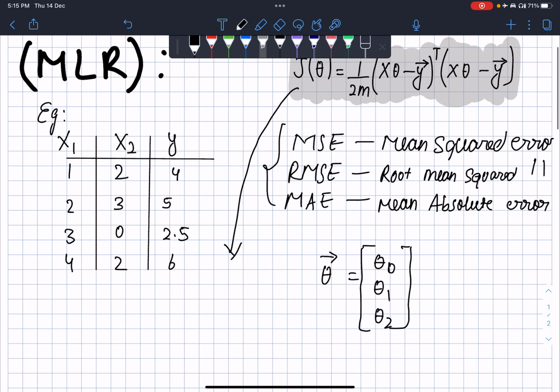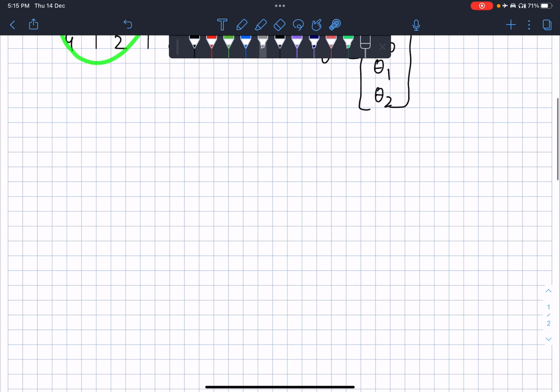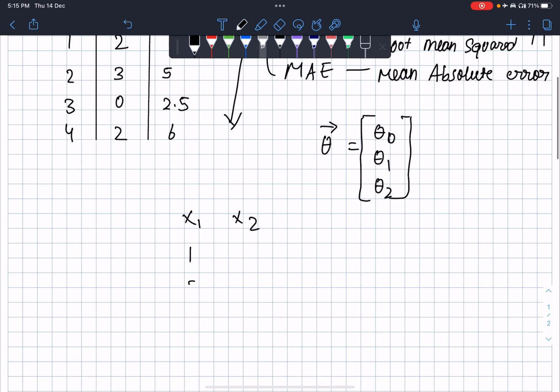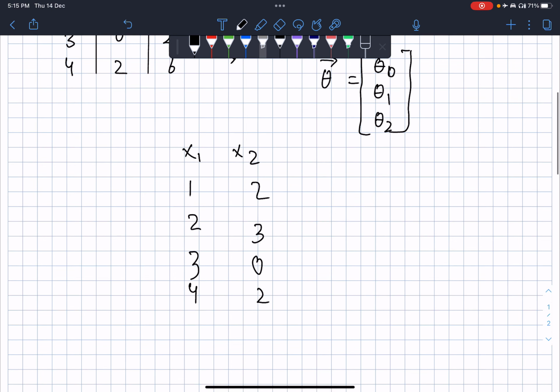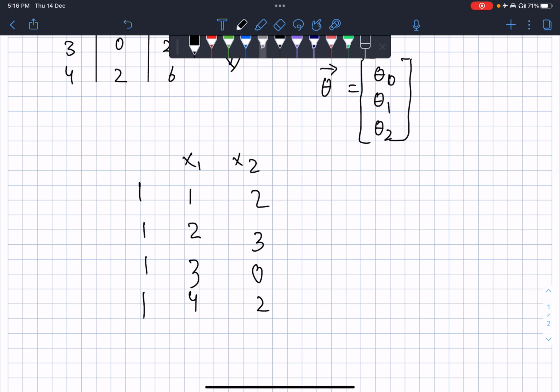We'll take x1 and x2 in the form of a matrix, with values 1 2 3 4 and 2 3 0 2. Additionally, we add another column of 1s, because we have theta 0 also, which is one of the parameters. To fit theta 0 in, we use these 1s.